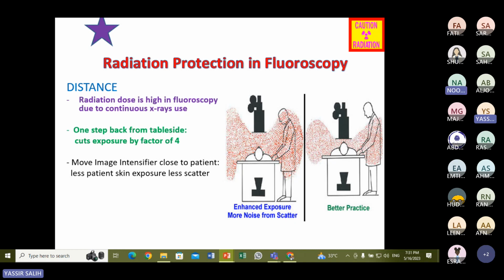My question is: what are the techniques that require a fluoroscopic unit? Any examination? ERCP, yes. What else? Yes, ERCP, you are right.